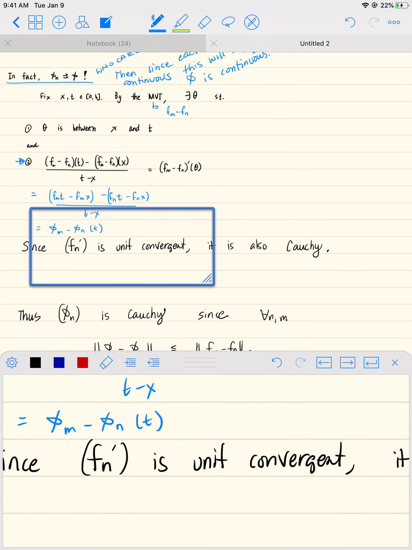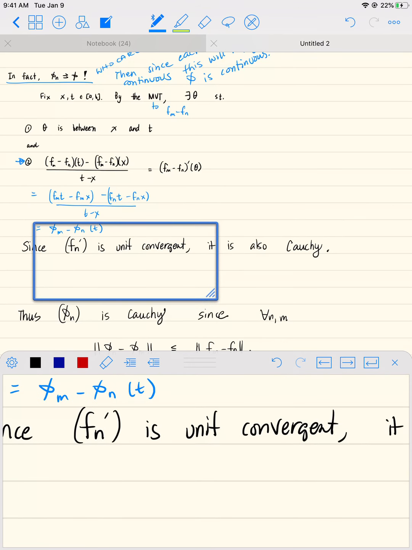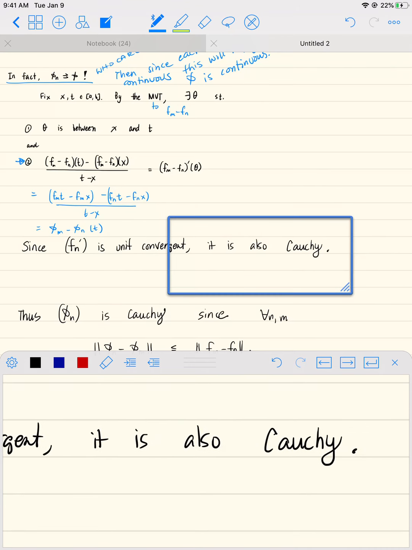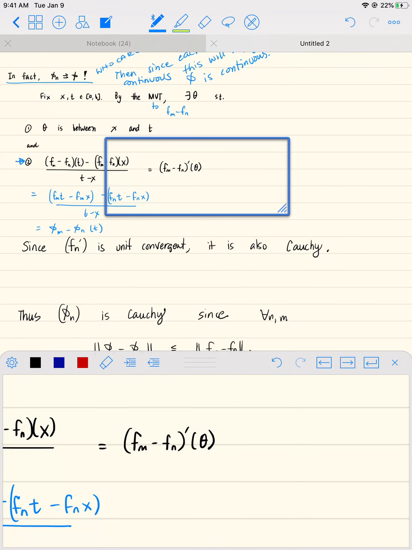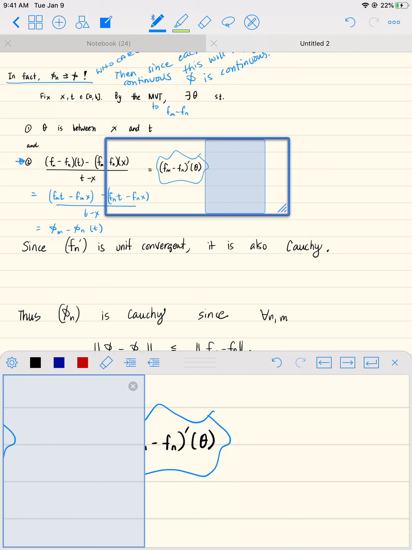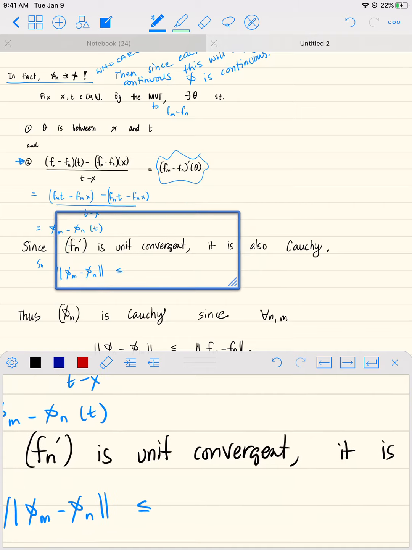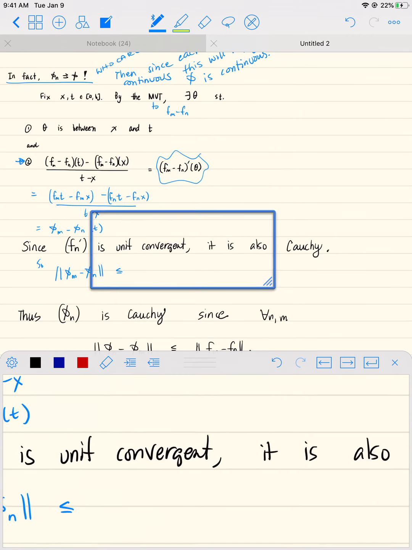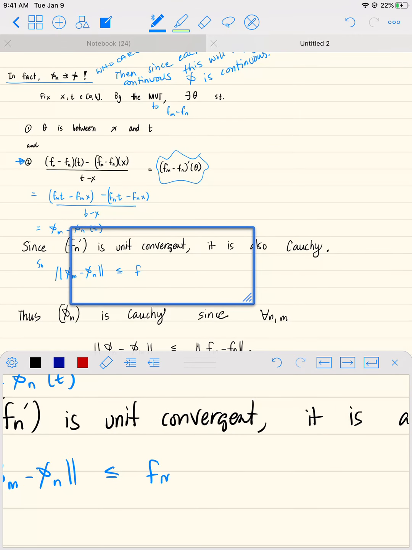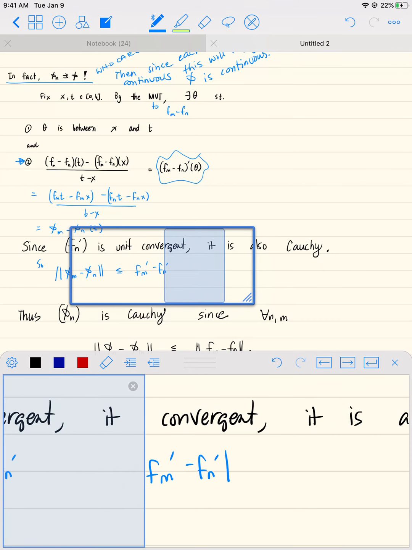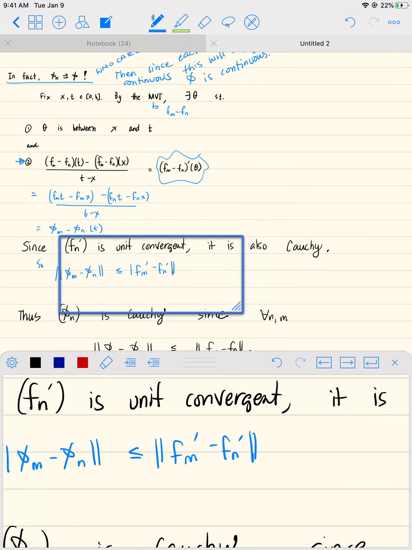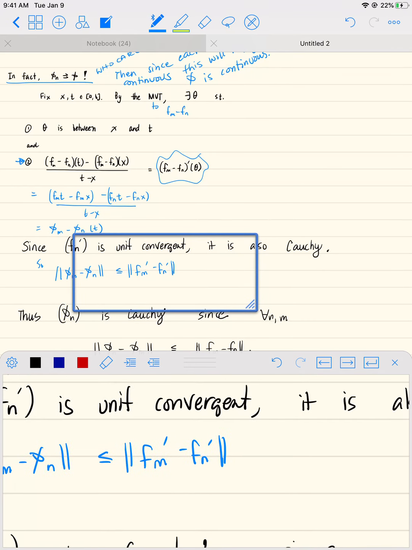So we're going to say that since our sequence of derivatives is uniformly convergent, it is also Cauchy. So we've got a bound, right? The norm of phi sub m minus phi sub n is less than or equal to the norm of fm prime minus fn prime, the difference of those two functions.